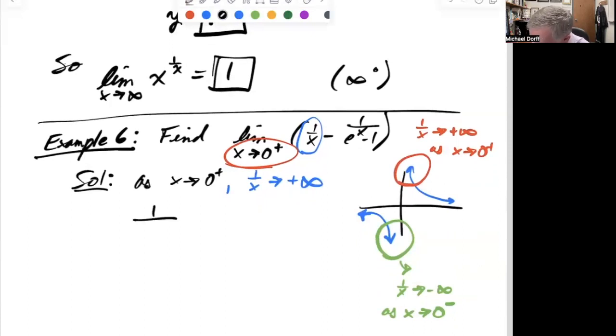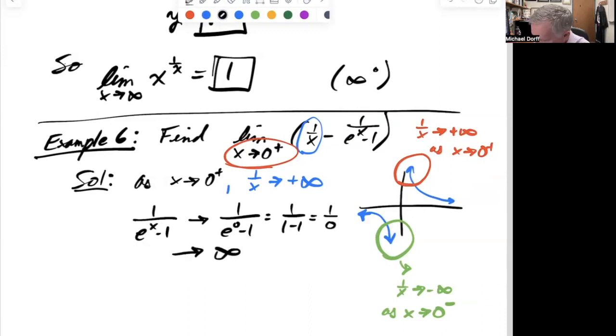And how about 1 over e to the x minus 1? Well, x is going to 0, so this is going to go to 1 over e to the 0 minus 1, which is 1 over 1 minus 1, which is 1 over 0, which means it's approaching infinity also.